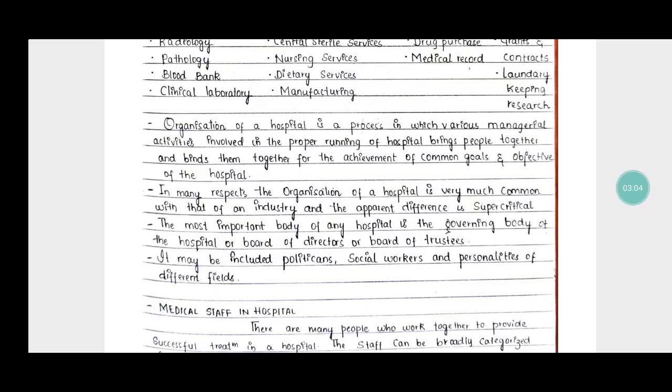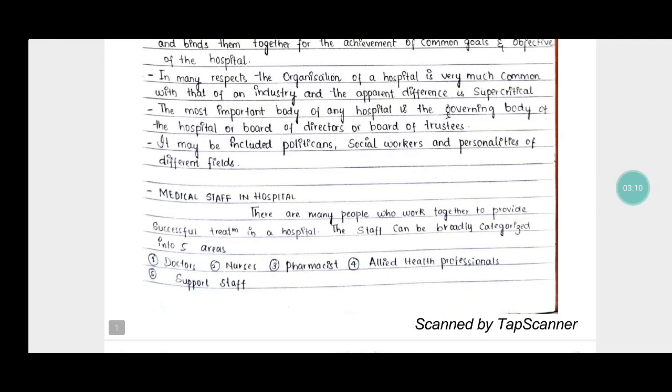as well as personalities of different fields. So the medical staff in the hospital, there are many people who work together to provide successful treatment in the hospital. So the staff can be broadly classified as doctors, nurses, pharmacists, allied health professionals.